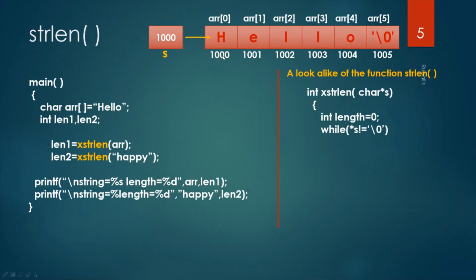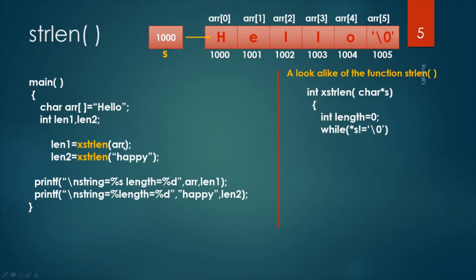So what is *s? The value at 1000. Is this '\0'? No. Then you have to increase s. Is this '\0'? No. You have to increase s. Is this '\0'? No. In this way, you have to continue till we get the value '\0'. And you have to increase length each time.